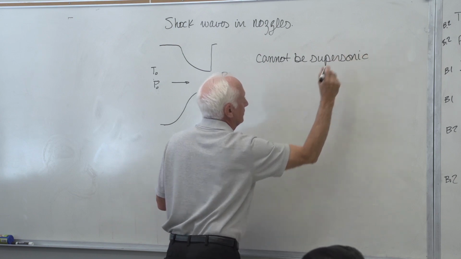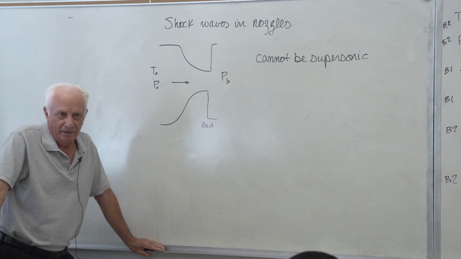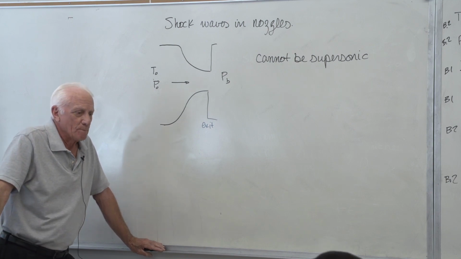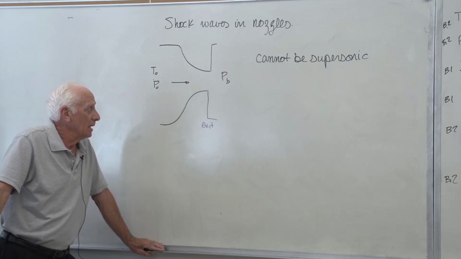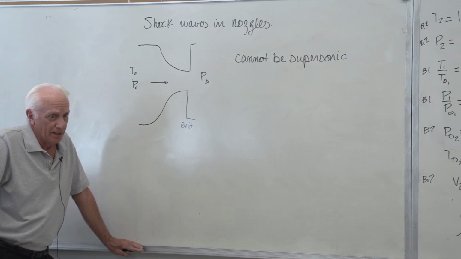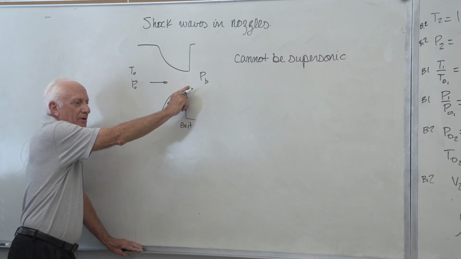We discussed it before. You can never reach supersonic speeds in a converging nozzle. It's always going to be subsonic or at best sonic at the exit plane. You could reach Mach number of 1 at the exit plane, but never greater than 1.